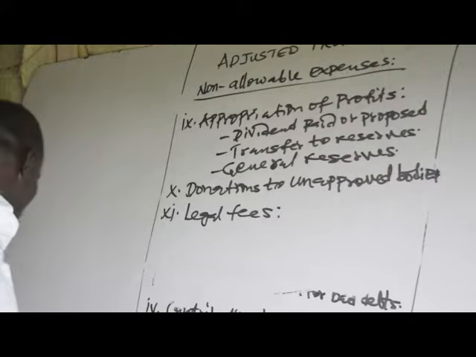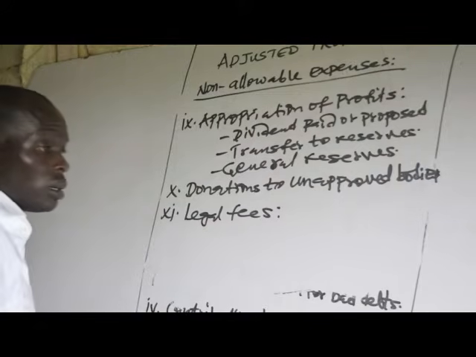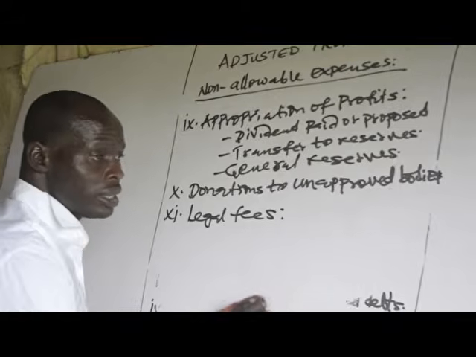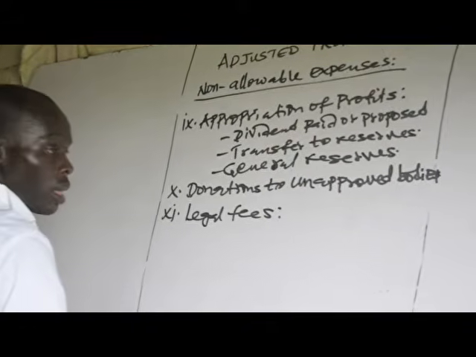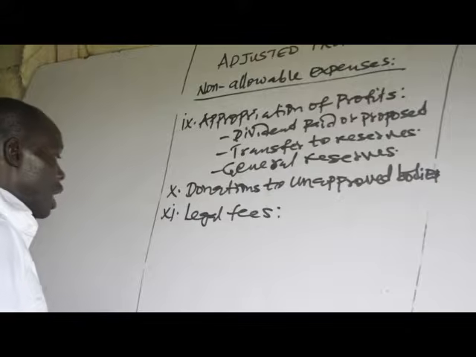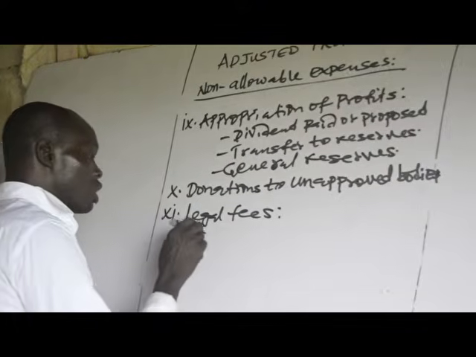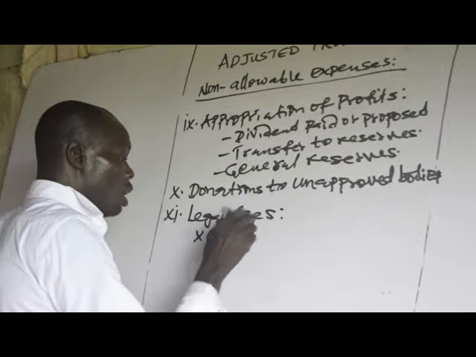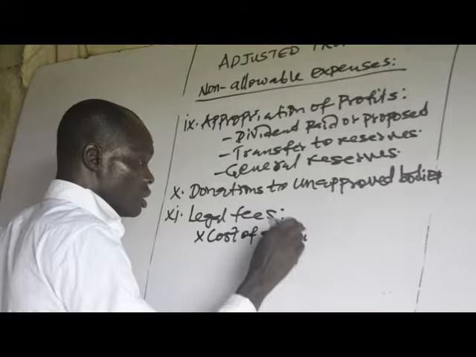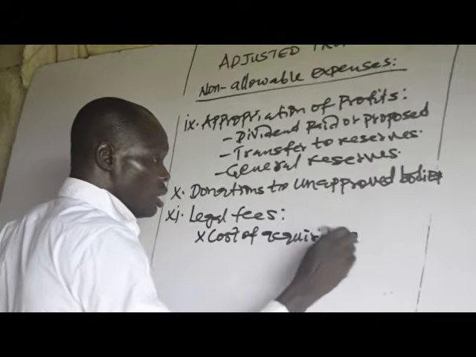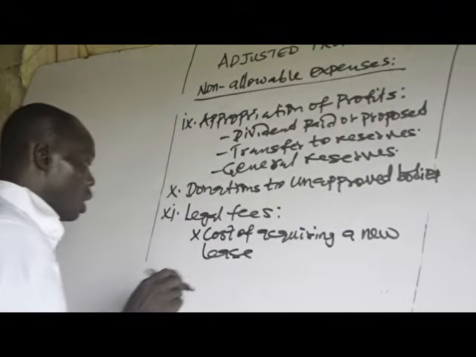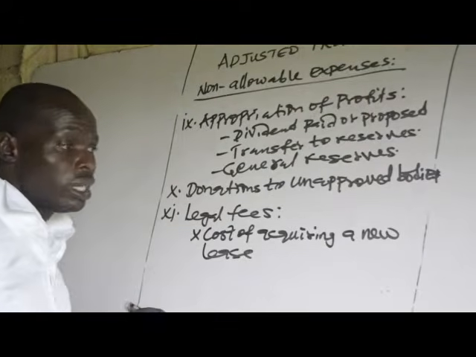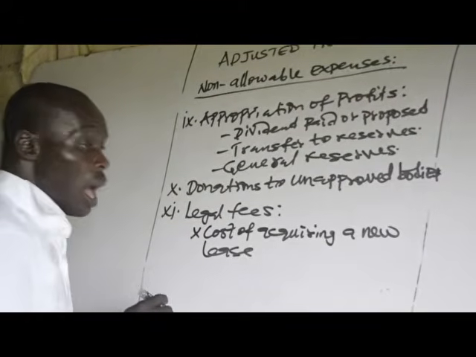Legal fees. Cost of acquiring a new lease. Legal fees are not allowable. Any cost of acquiring a new lease, that is legal costs incurred in acquiring a new lease, are not allowable.